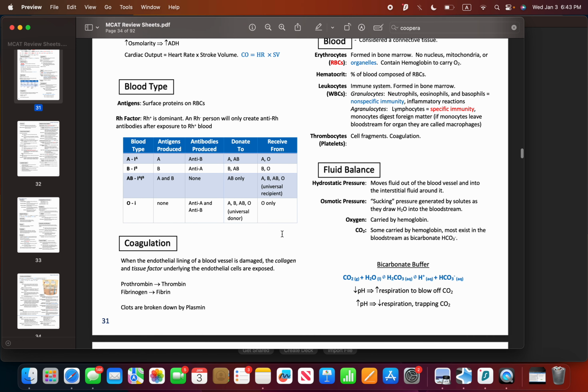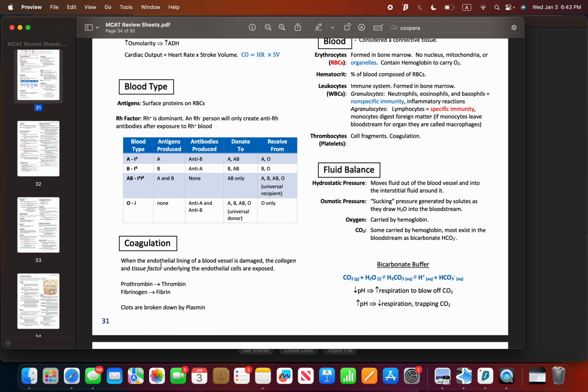Cool. We have this thing called coagulation. This is about clotting. So coagulation is the blood clotting.